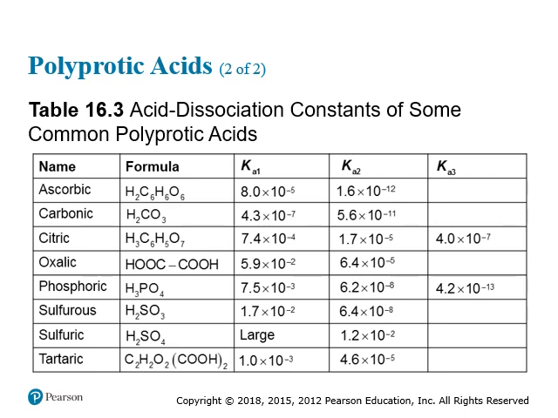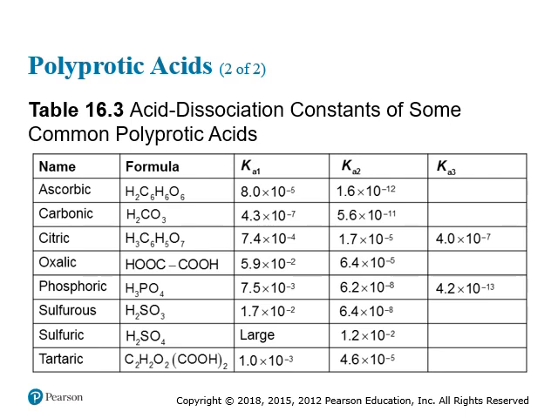If you take a look at phosphoric acid, you will see that the Ka values differ by about 5 orders of magnitude between the first Ka, the second Ka, and the third Ka: 7.5 times 10 to the minus 3, 6.2 times 10 to the minus 8, 4.2 times 10 to the minus 13. 5 orders of magnitude separating each of them.